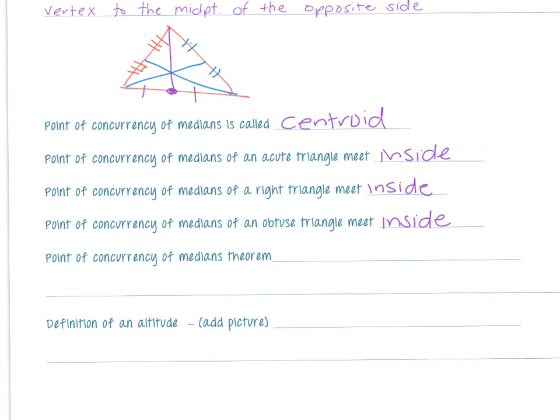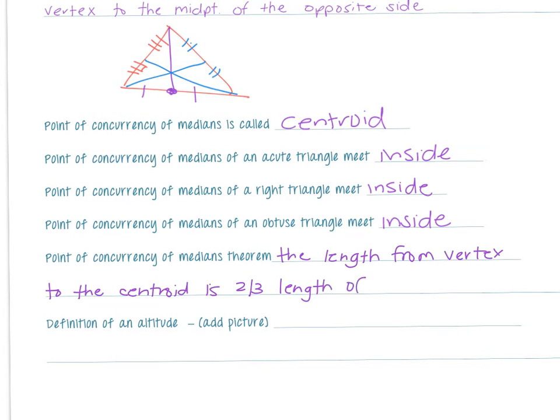So this says that the length from the vertex to the centroid is 2/3 the length of the whole median.